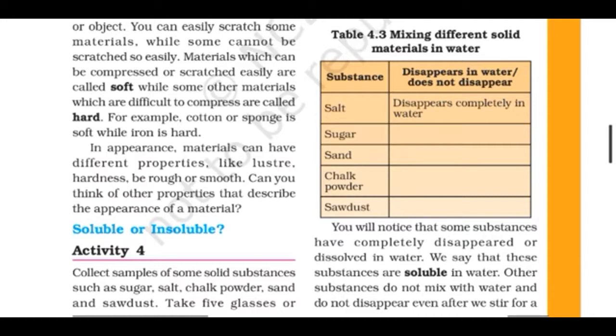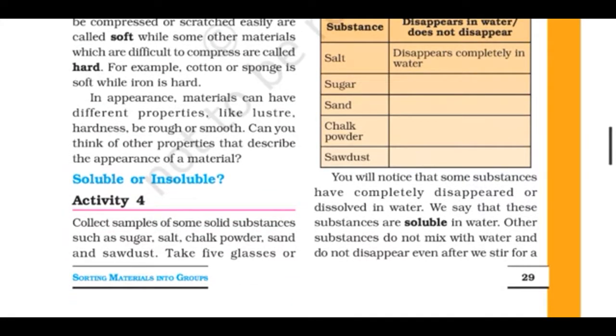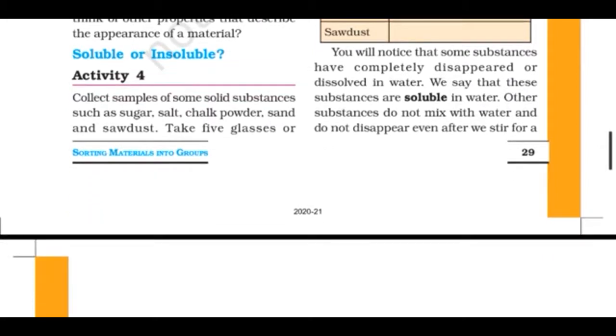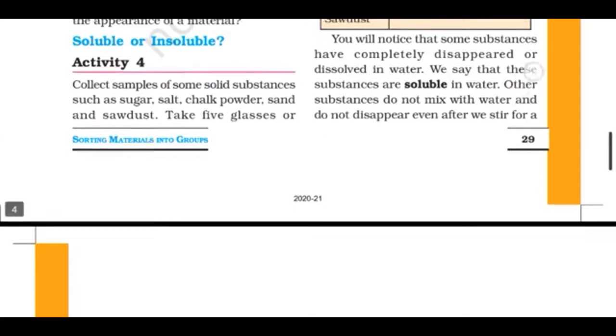We can see chalk powder gives some color, but does it disappear? You will notice that some substances have completely disappeared or dissolved in water, and you want to identify that; this is your work, do it. Other substances do not mix with water and do not disappear even after we stir.